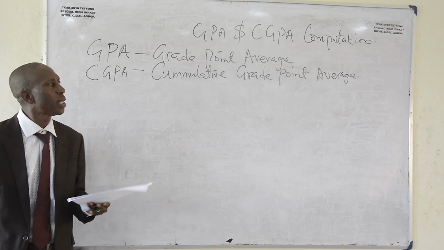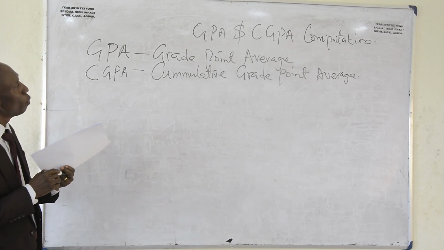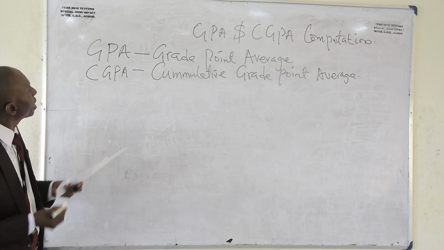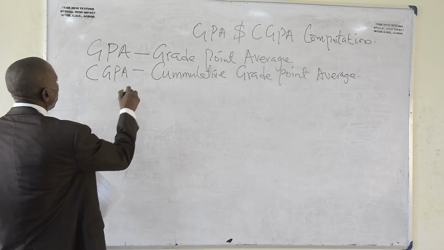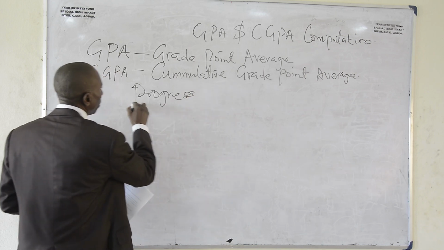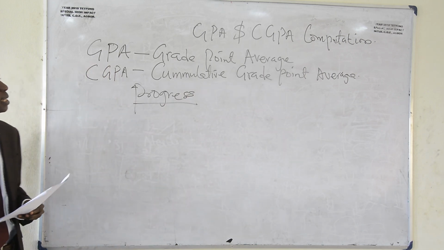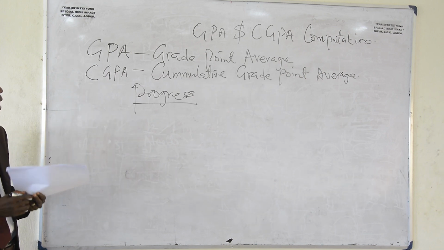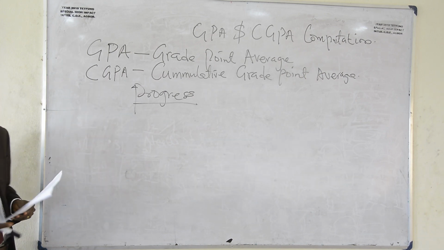These two terms are instruments that are used to assess student progress. Student academic progress is being assessed using the GPA and the CGPA.